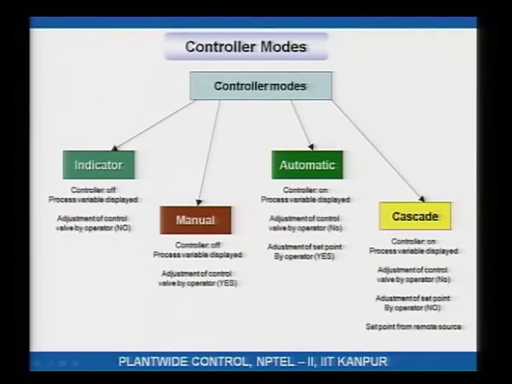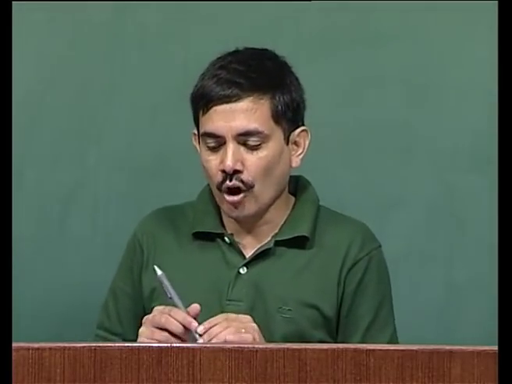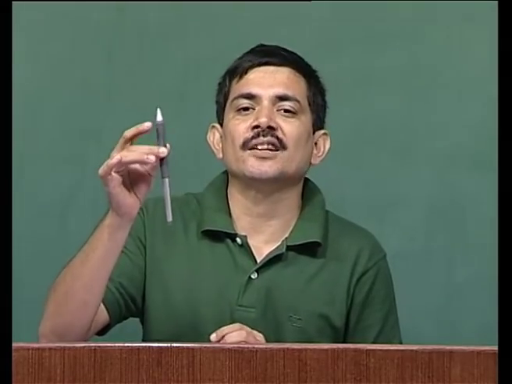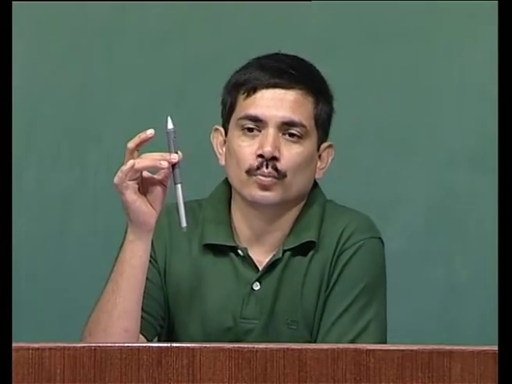In automatic mode, the controller is switched on, and now what should be the position of the valve is calculated by the controller. What does the operator do? The operator specifies what should be the set point of the output.